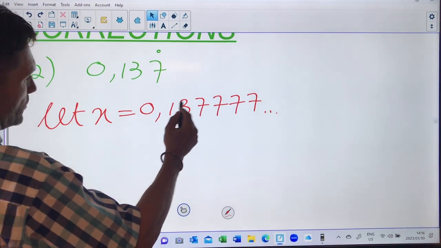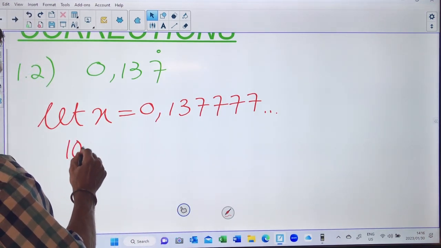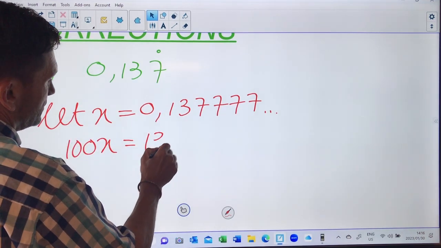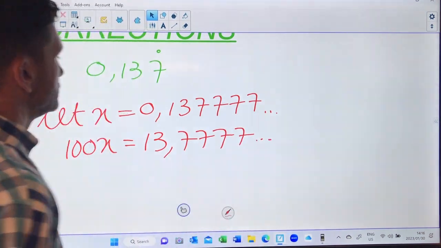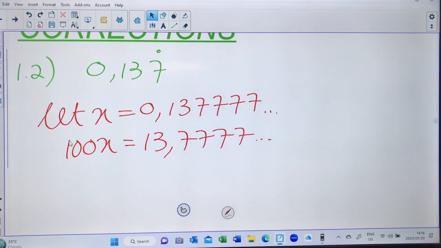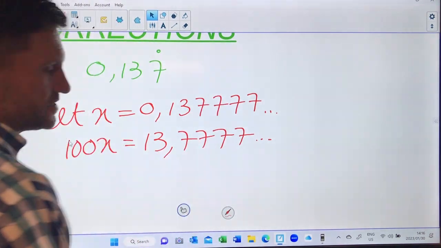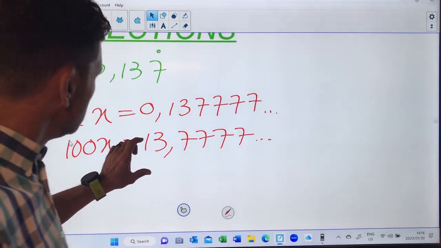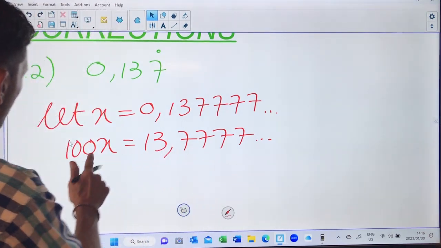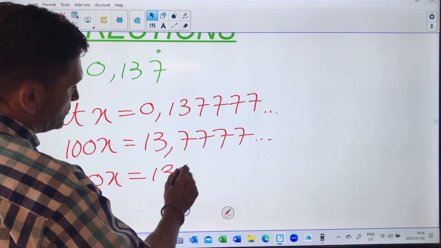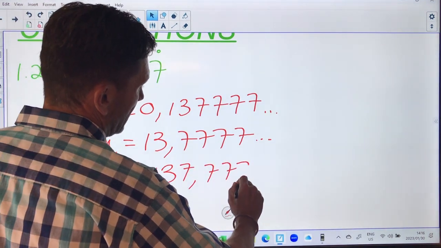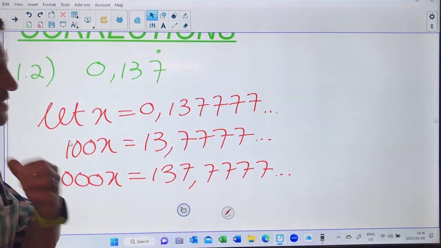So instead of going with 10, I'm going to go with 100x, and that will give us 13,777 and so forth. But these two decimals are not the same. So that means that I need to find another one. So now I'm going to go with 1000x, and this will give me 137 and the same decimal.